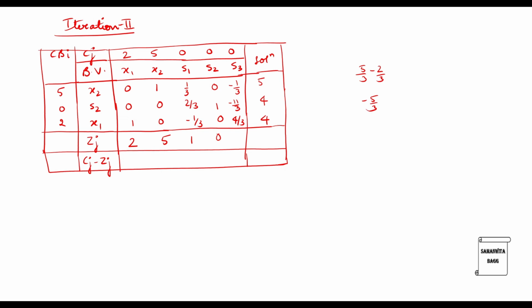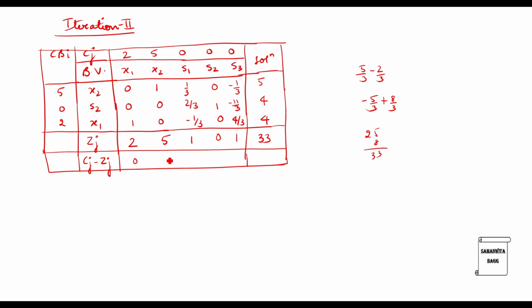The second term will be 0 into minus 11 by 3. So 0. And the last one is 4 into 4 by 3. This is 8 by 3. So this is 3 by 3, again 1. Last: 5 5s are 25. Center one you can neglect. And last one is 4 2s are 8. So this becomes 33.